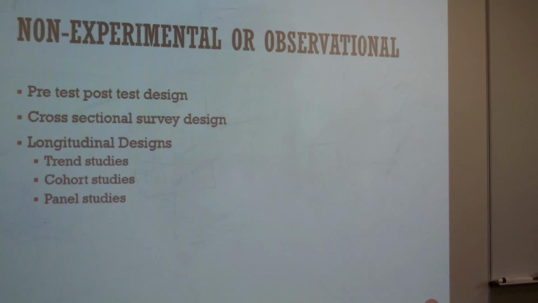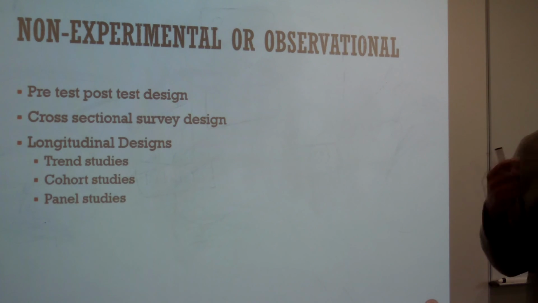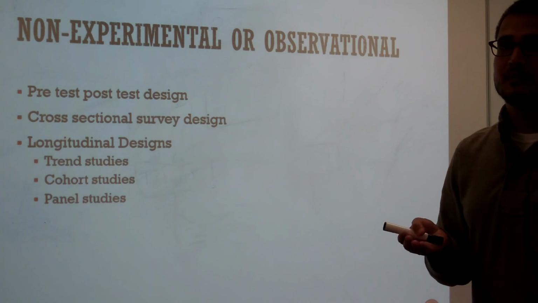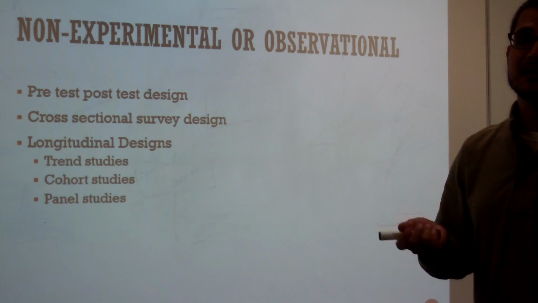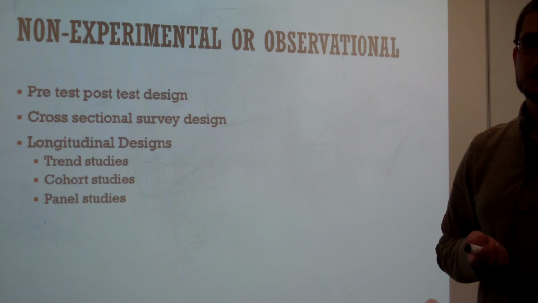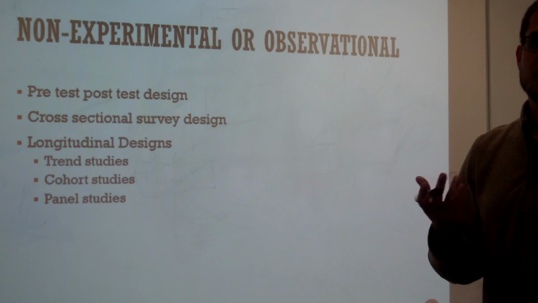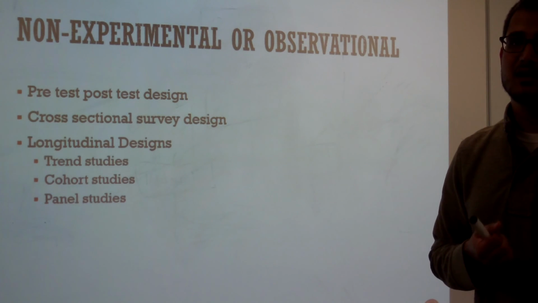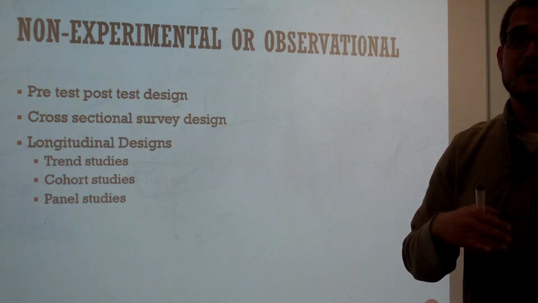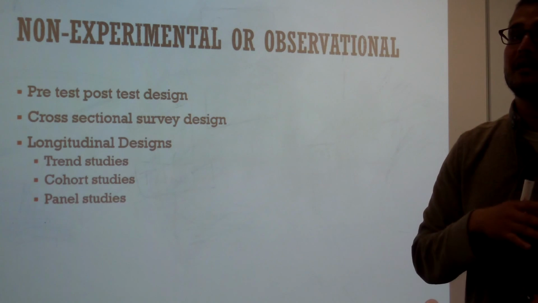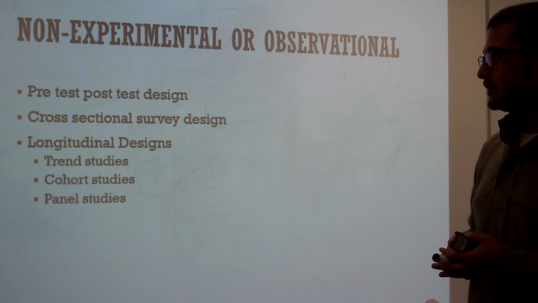So trend studies are basically where you are looking at the trend of any kind of social issue, right? So if you look at the trend of homelessness in the past 20 years in the Twin Cities, and then why that trend has gone up and down, that's a trend study.